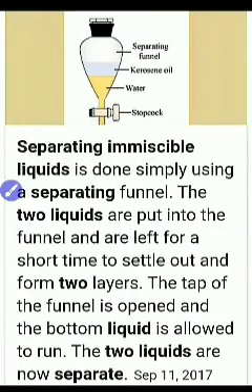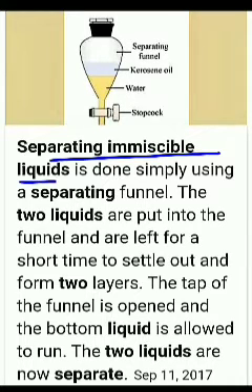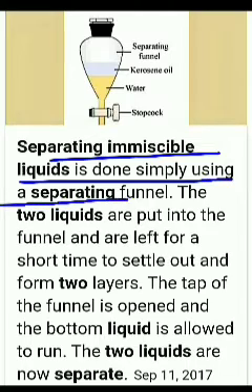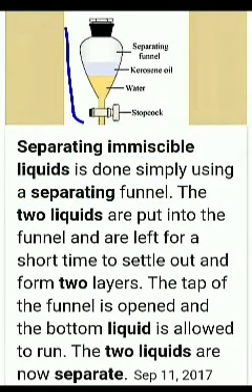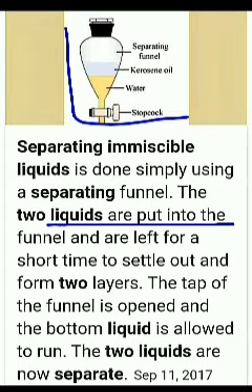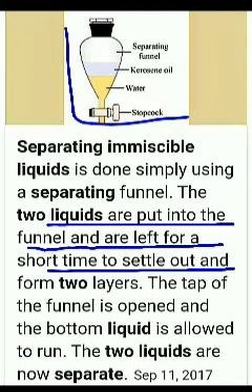So the next point is separating immiscible liquids. If there are some immiscible liquids, how can we separate them? Separating immiscible liquids is done simply using a separating funnel. Here we can see the funnel. The two liquids are put into the funnel and left for a short time to settle into two layers.